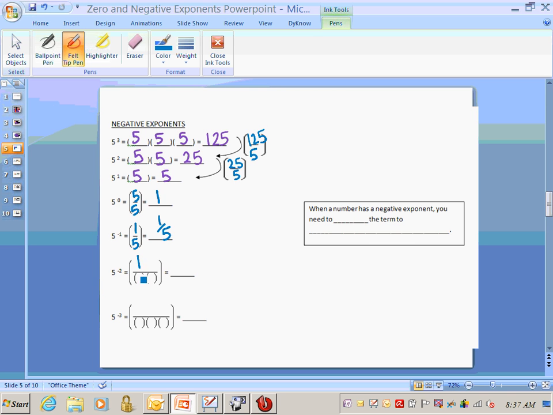Then 1/5 divided by another 5 is going to be 1 over 25. And 1/25, this would actually be a 5. Sorry. So 1/25 divided by 5 is going to give us 1 over 125.